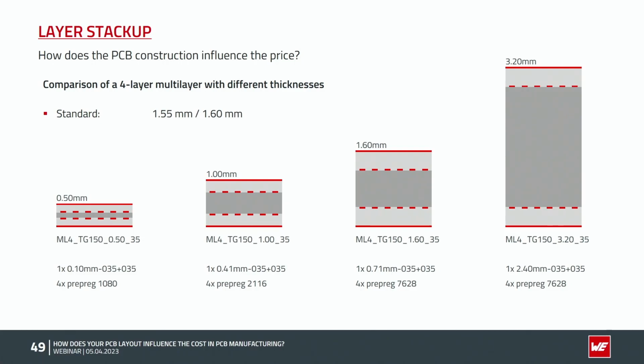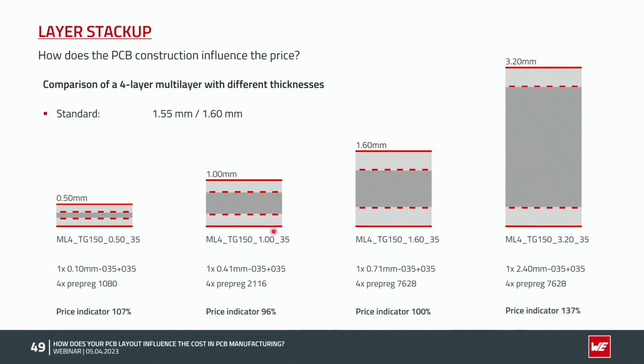So the difference is in the usage of the material, assuming that we have a price indicator of 100% for the 1.6 millimeter board, we see that we need even more material for the thicker board. In this 2.4 millimeter board, you can imagine that producing this core needs a lot more prepregs to get this thickness, so that's more expensive.